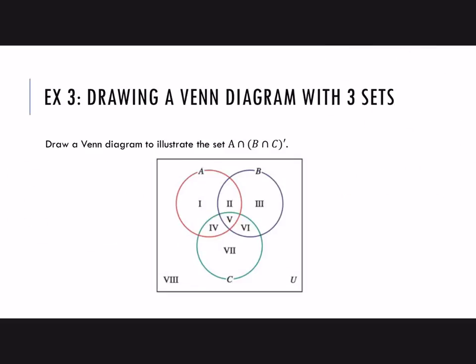Okay, let's try one with 3 sets. So now we have 8 different regions, but we'll do this the same way, just using order of operations and the definitions of sets. Alright, if you did a listing one for this one, the universal set is now made up of 8 regions: 1, 2, 3, 4, 5, 6, 7, 8.